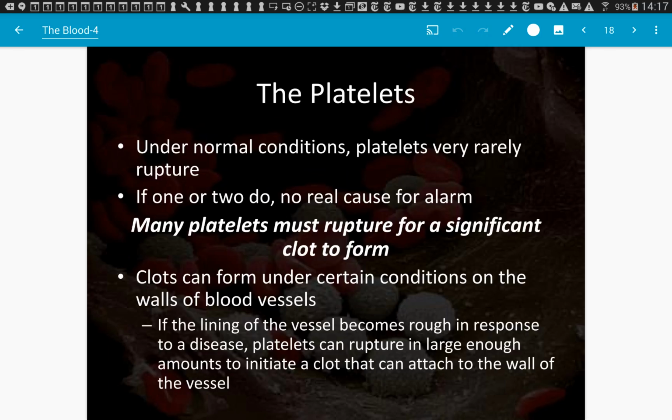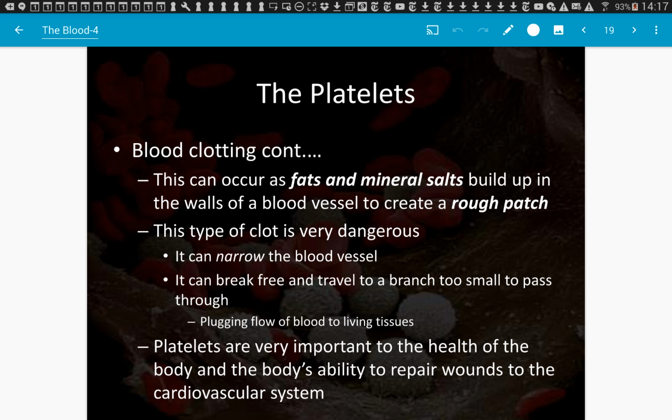That is bad. Okay? So notice right here it says, when the vessel becomes rough in response to disease, you are more likely to form a clot within the body.